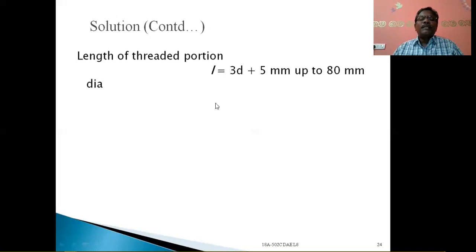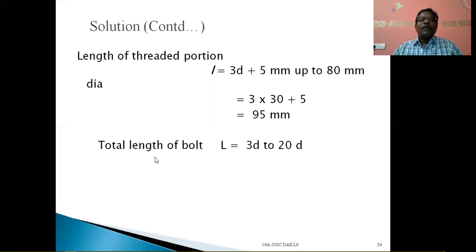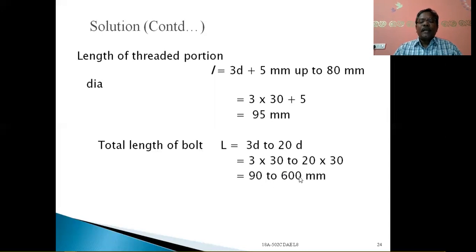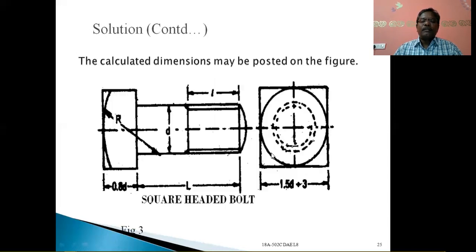So in this case, this will be 95. And the total length of the bolt itself is 3D to 20D, that is 90 to 600. So total length of the bolt may be adopted as 3D to 20D, and these are standard calculations for square headed bolts as we have seen in the theory part itself.